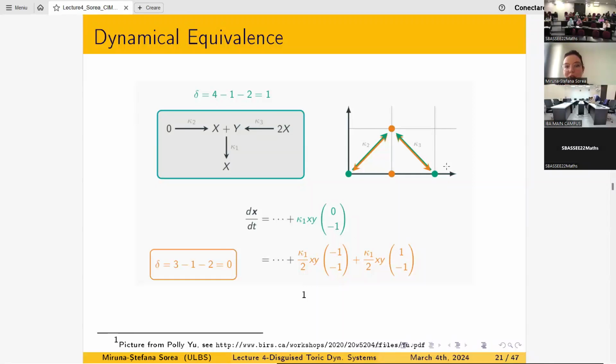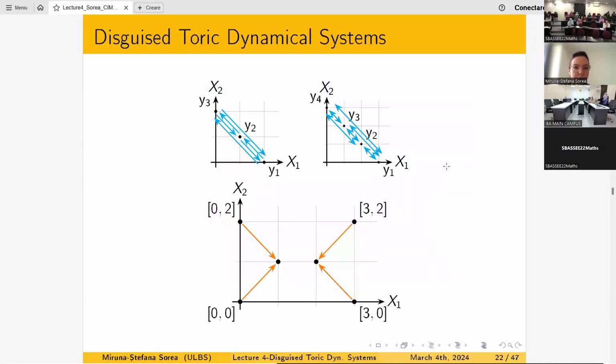And the orange network has deficiency 0, which means that all the rate constants, all the parameters, give rise to a nice complex balance. And now we'll go to the example. I think we'll come back to the question after the example. Maybe then it will be more clear.